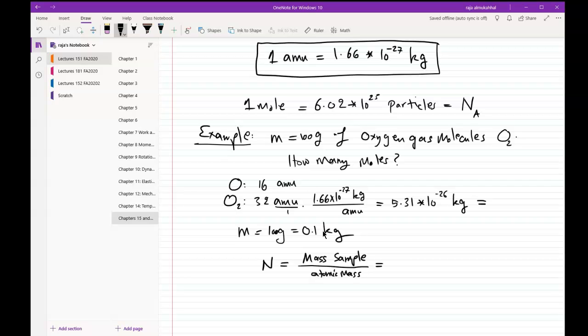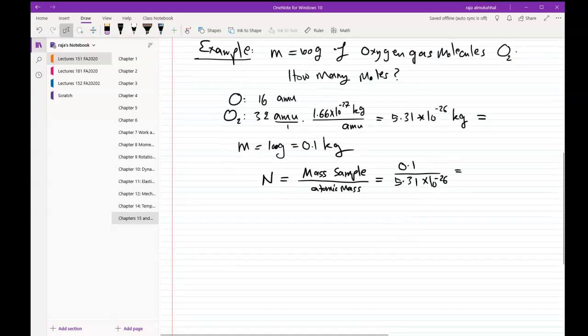So that's going to be the mass of the sample, 0.1, divided by 5.31 times 10 to the negative 26. When I calculate that, let me use my calculator, I get 1.88 times 10 to the power of 24 particles. You got it?